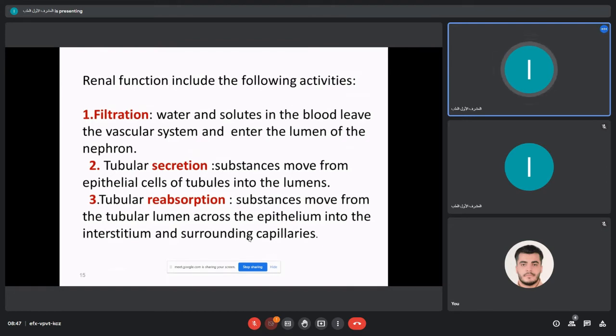So secretion passes into the urine. Reabsorption is taken back into the circulation.